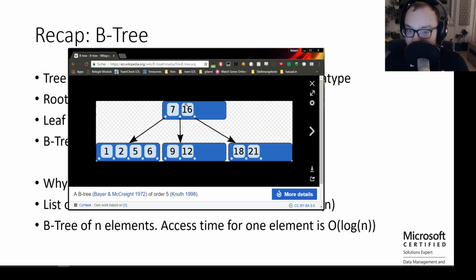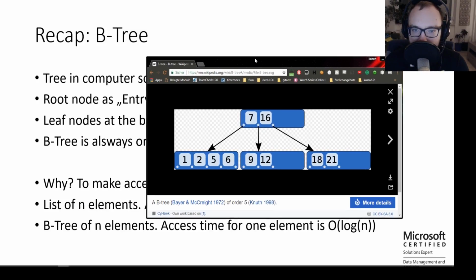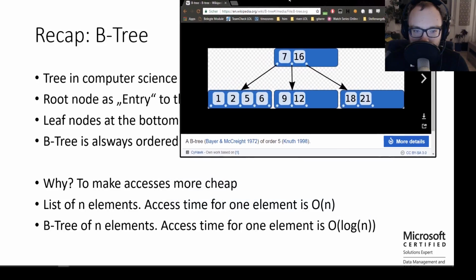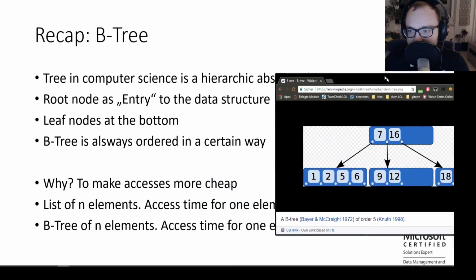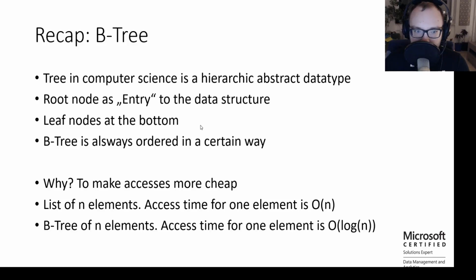This is very important because this is how we can actually utilize the Btree. So now consider you have a list of n elements, and you want to access a random element which you don't know yet.